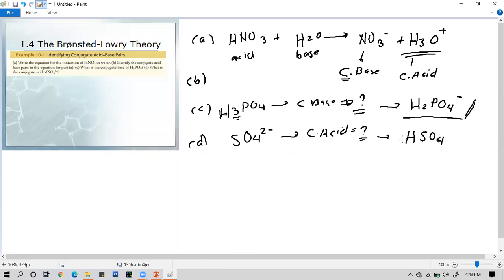Dagdagan mo lang ng H. Pero sir, ano po magiging charge niya? Since proton ang dinagdag natin, which is positively charged, so negative 2 plus 1 equals negative 1. So HSO4 is equals to negative. Sir, bakit hindi po nakasulat yung 1? Kasi nga sa algebra natin, hindi naman natin sinusulat yung 1. And that's how you solve the problem for PowerPoint 1, slide number 21.